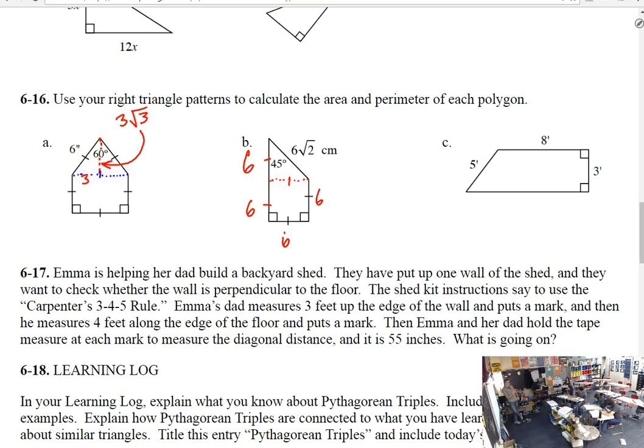In the past, when I've seen people have mistakes with this, that's helped them: oh, my leg has to be smaller than the hypotenuse. Because if this was a constant, it might not be so obvious to divide by radical 2, if it was just an integer. So if you think about my leg must be smaller, I have to divide by the radical 2 as opposed to multiplying. That can help kind of straighten things out.